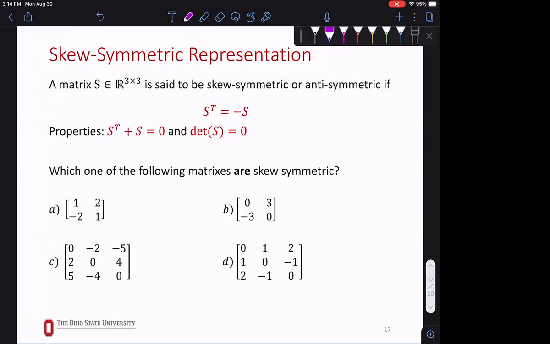If it's negative S, it is skew symmetric. The properties are that S transpose plus S is 0, and the determinant of S is going to be 0.